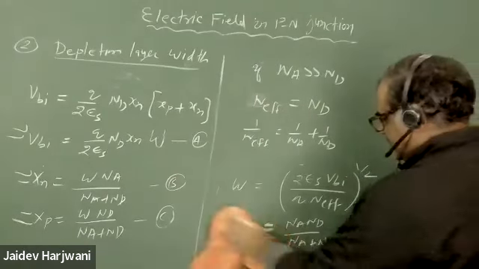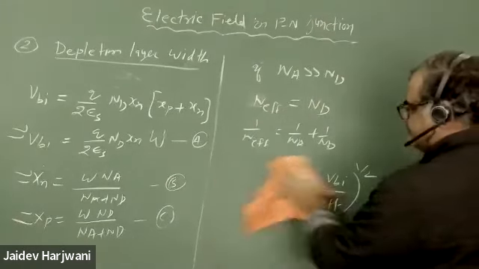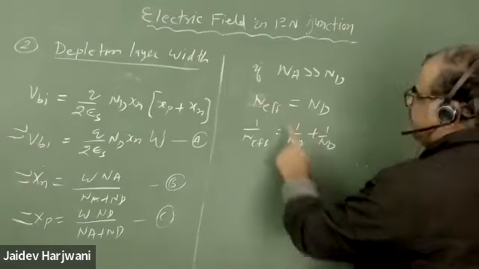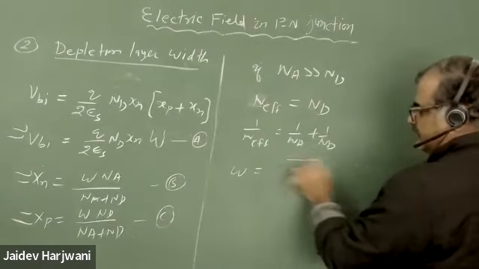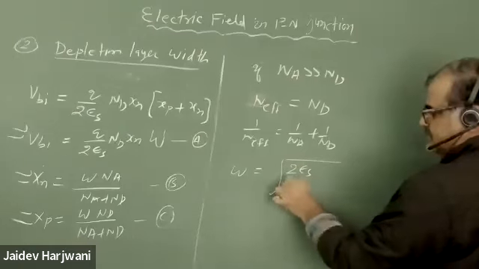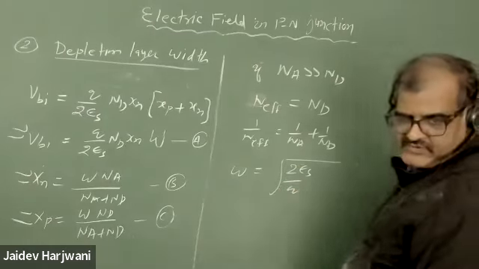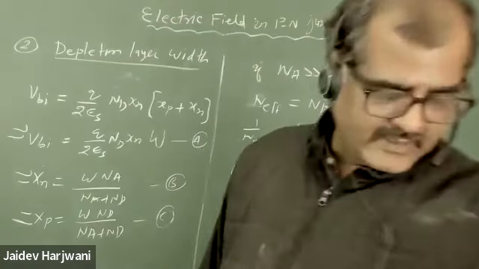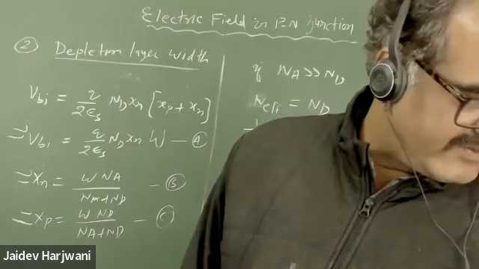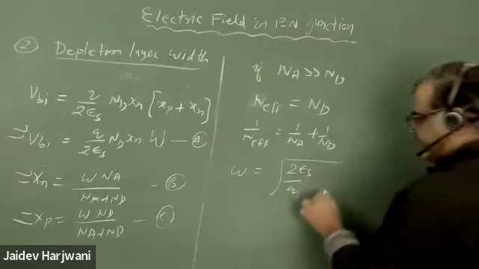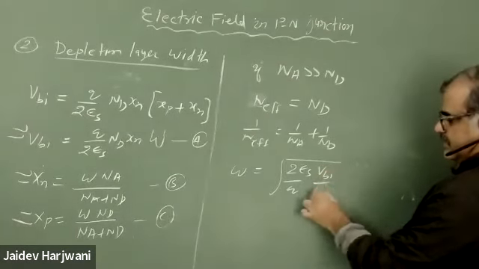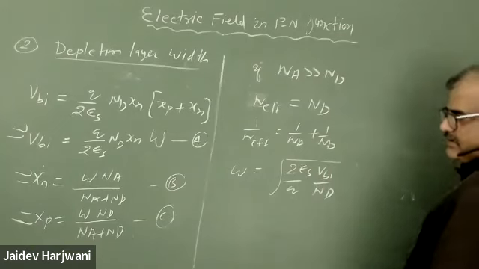In this case, if Na is greater than Nd, my depletion layer width formula becomes (2 ES over Q) times VBI upon Nd.